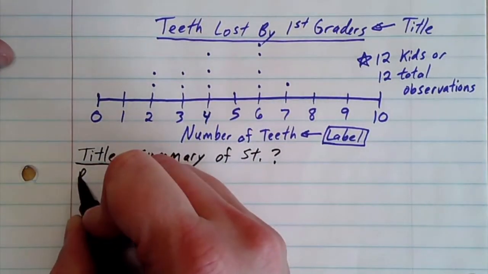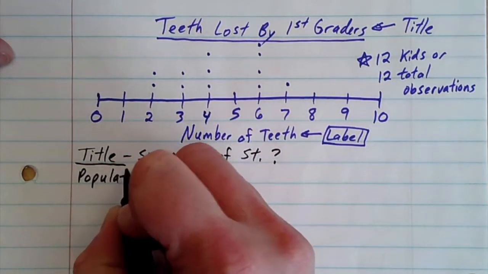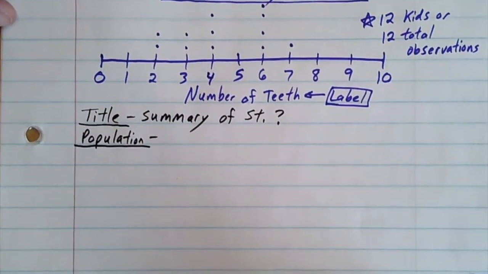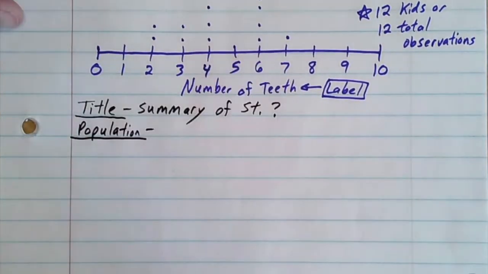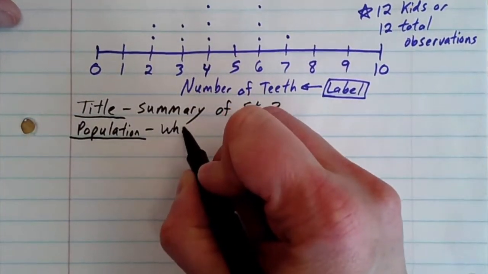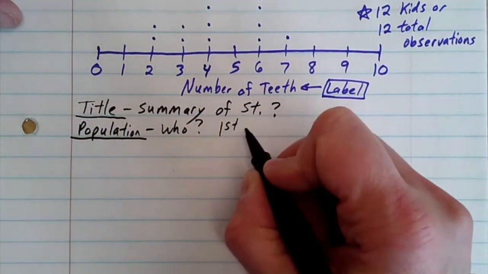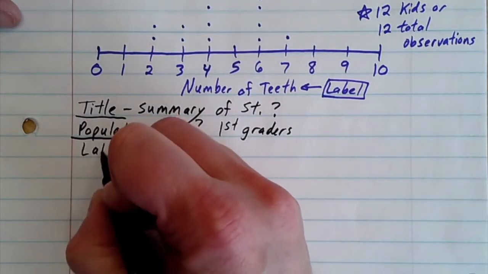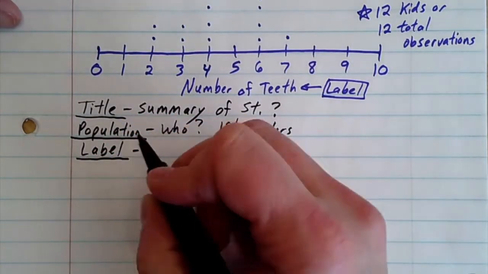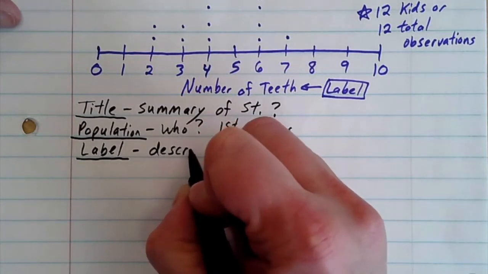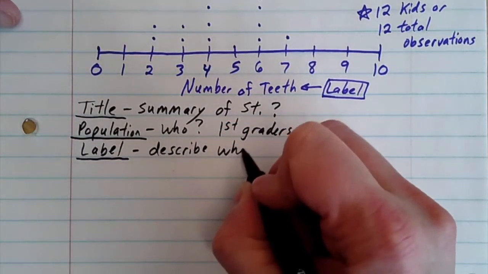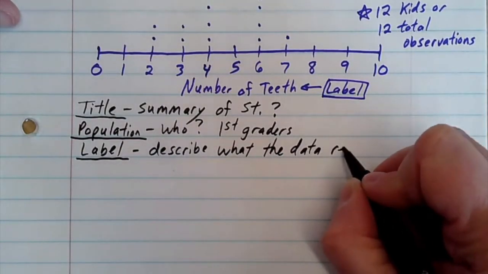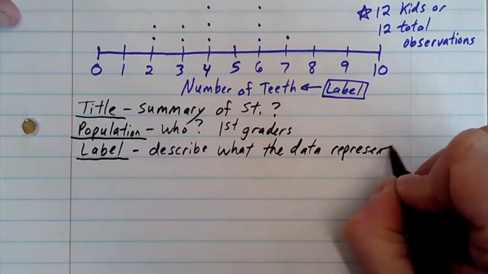The population is talking about who. Who do we know this is talking about in this particular dot plot? We know it's who, question mark, it is first graders. The label is just going to describe what the data represents. So we know this is talking about teeth.